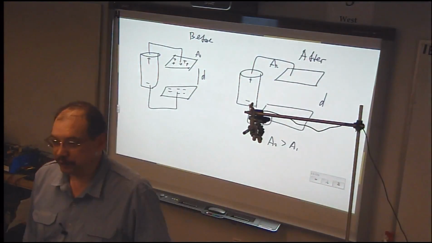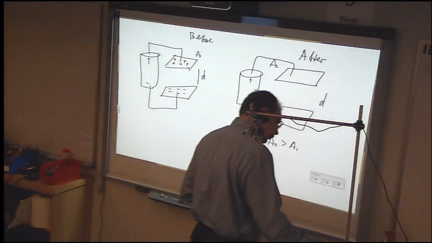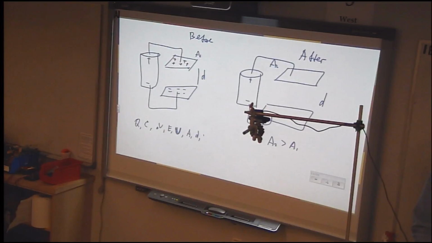When we make a change, we should make a statement about at the minimum 3 variables, at the maximum more, 5 or 6. So what is involved? Charge, capacitance, potential difference. Where else could it have been involved? Electric field between plates and energy stored in the capacitor, area, distance between the plates and the electric constant.